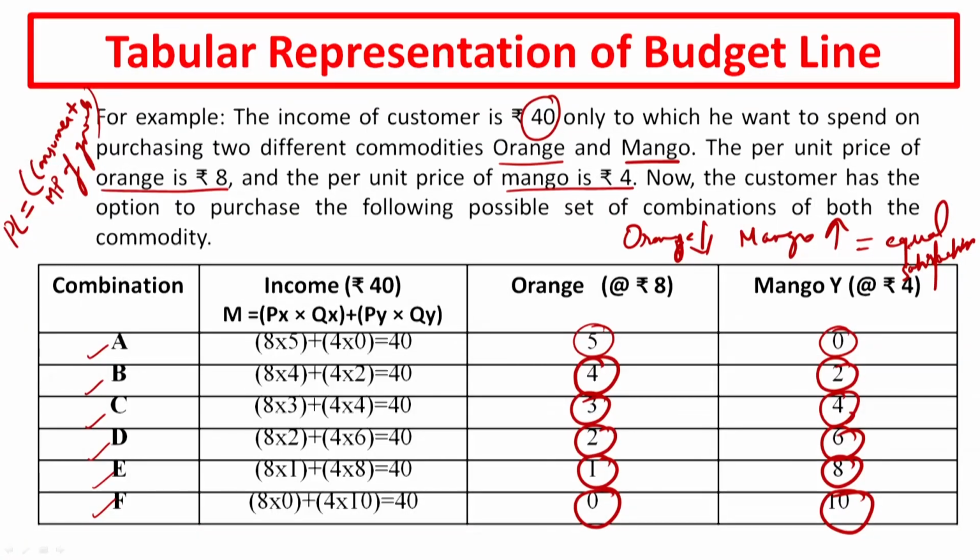That means A and F are the extreme points. At A, you are just consuming oranges and at F, you are just consuming mango. And in between these two, you are consuming various combinations of orange plus mango. And each combination is giving you equal satisfaction.